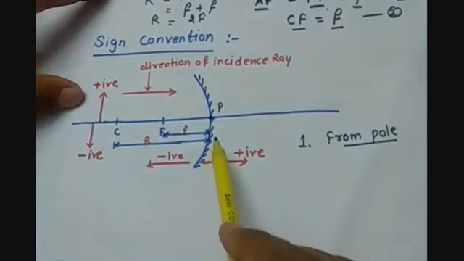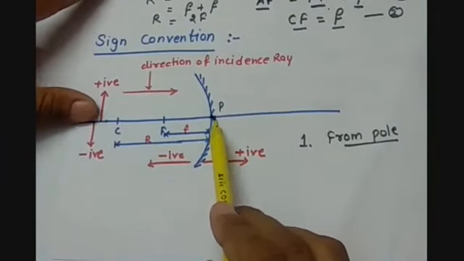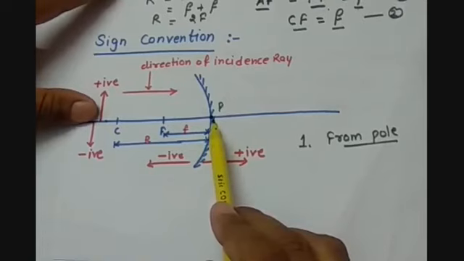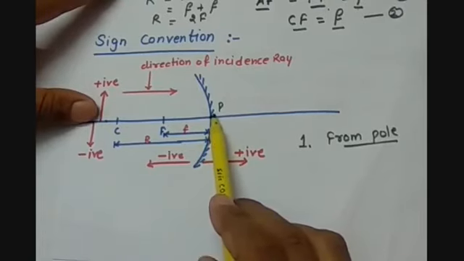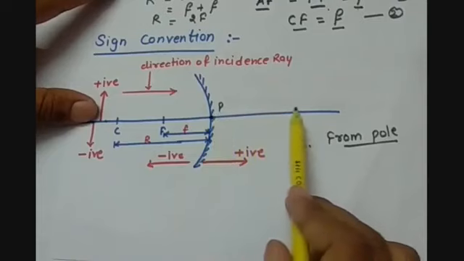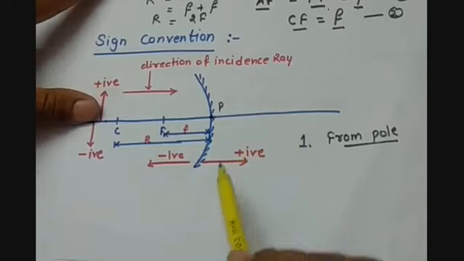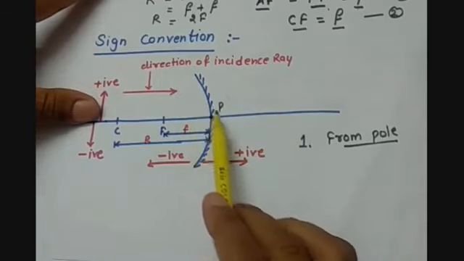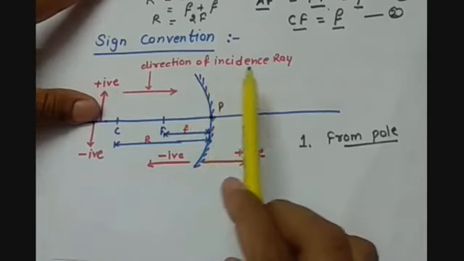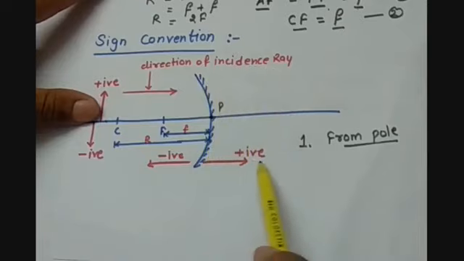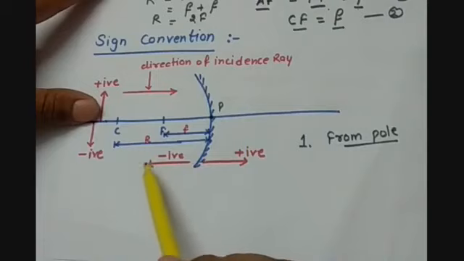All the distances, as we are starting to measure the distances from the pole, and we have to go in the direction of the incidence ray. So all the distances measured in the direction of the incident ray will be positive, and all the distances measured against the direction of the incident ray will be negative.